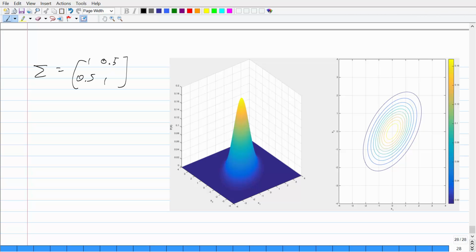So you can see that there's a line going this way, because as x1 increases, x2 will also increase. This is what happens when you have correlation in features. Let's just check here. The off diagonals, so there's positive correlation.